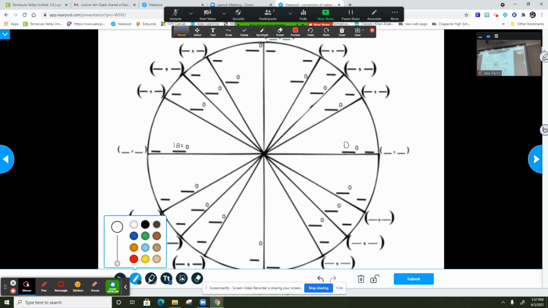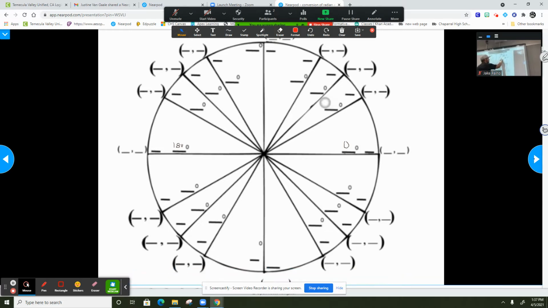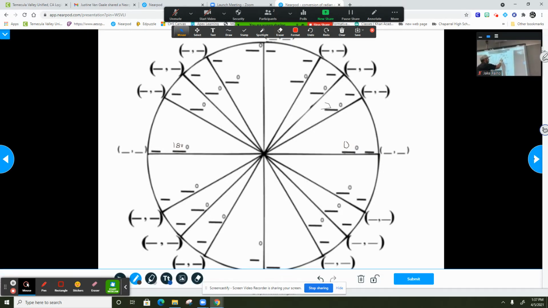What we know are the degrees, so let's fill in the degrees. You can see we have 0 degrees, 30 degrees, 45 degrees, 60 degrees, 90 degrees.